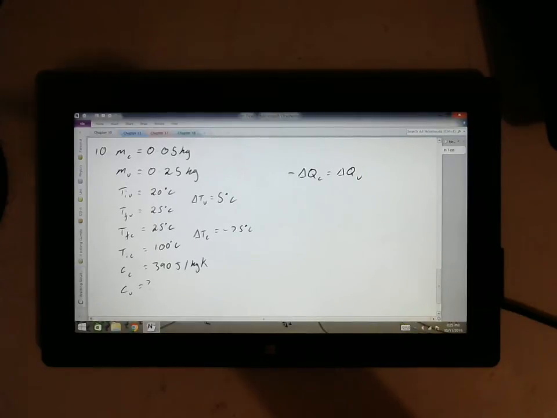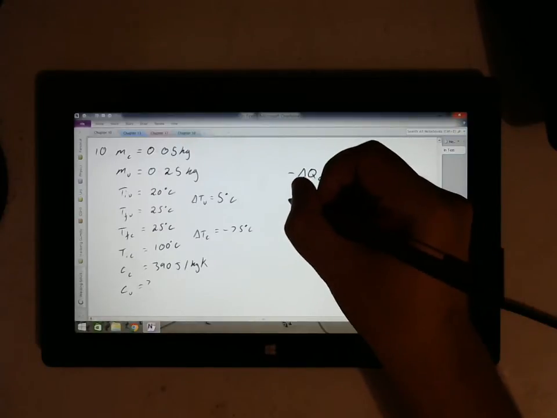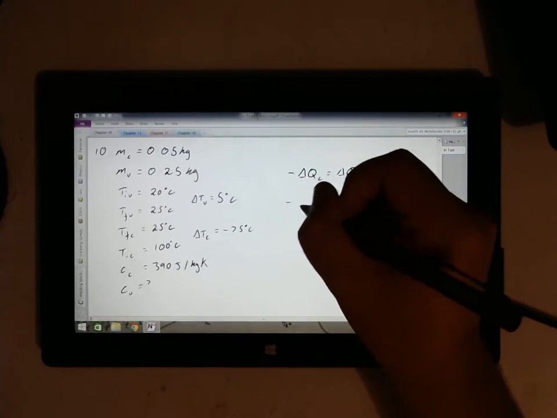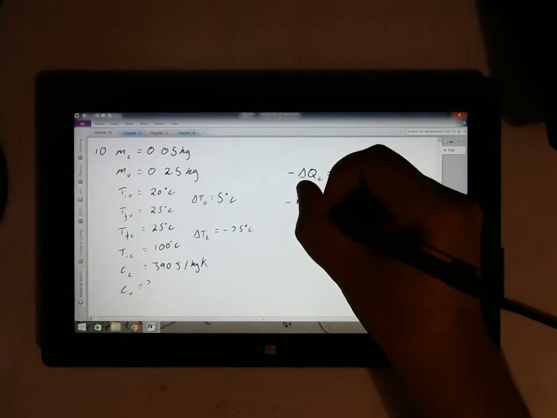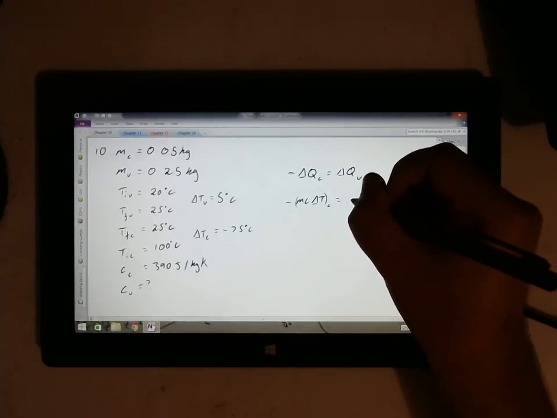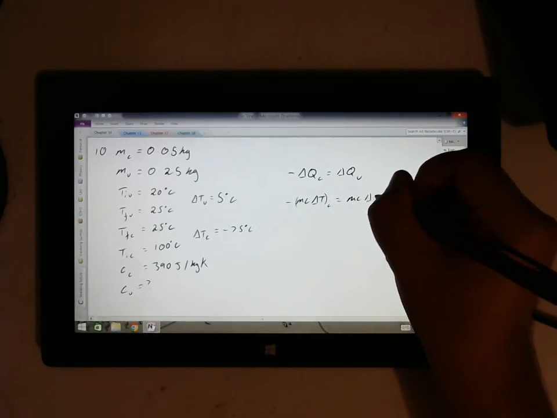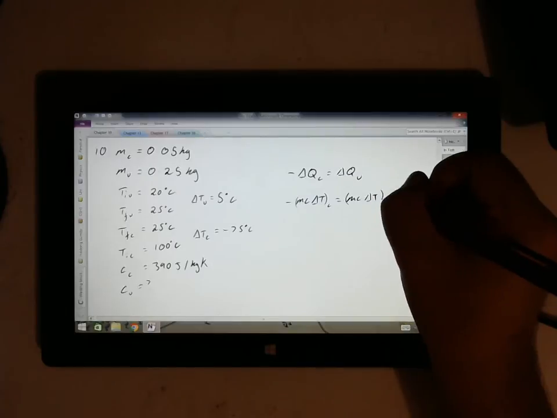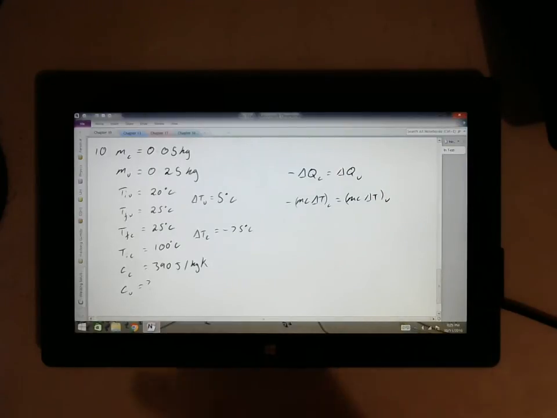And as we know that change in energy is Q equals mcΔT, then we can say that the negative, don't forget your negative, of mcΔT, all of that being copper, equals mcΔT, all of that being our unknown liquid. And now we're just dealing with substituting and solving.